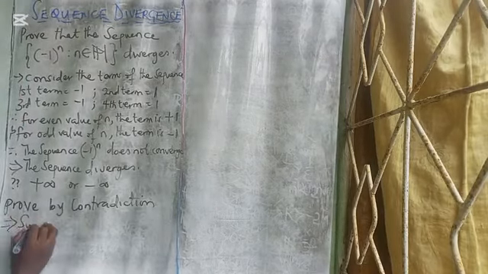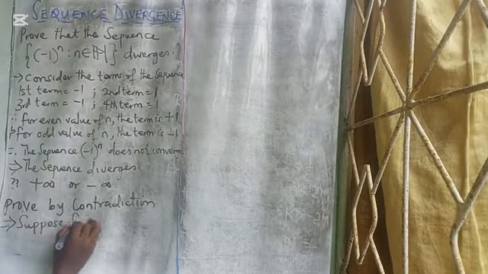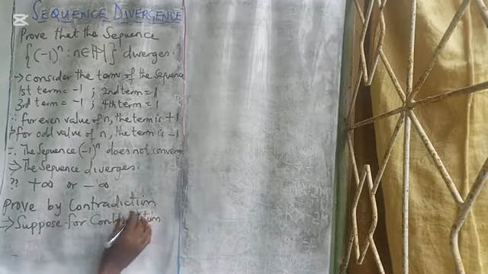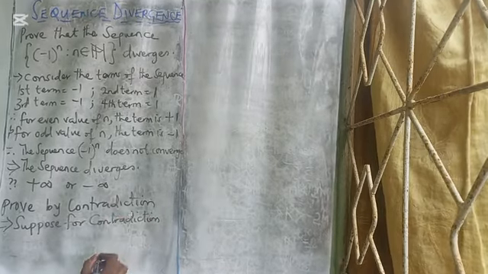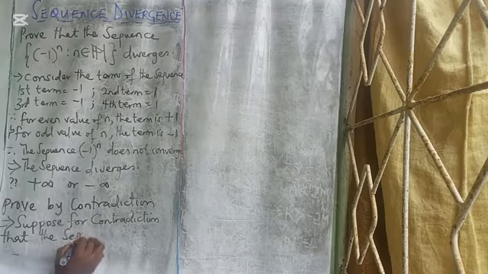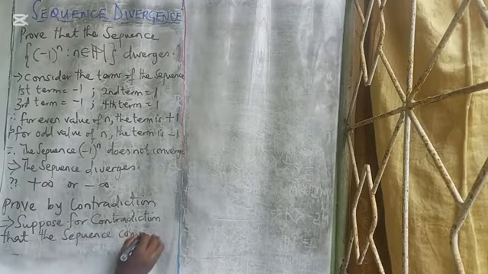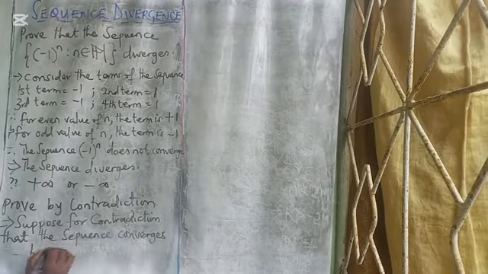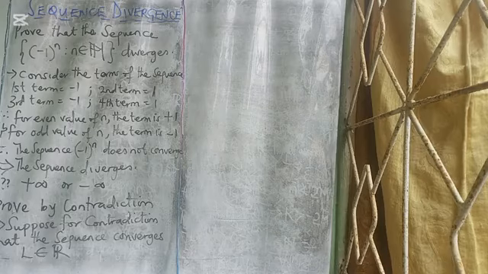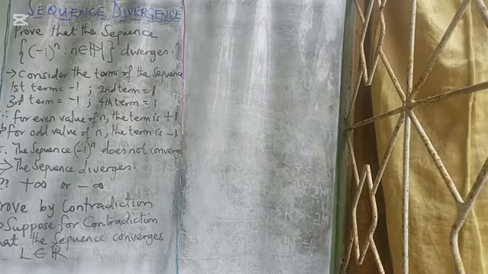Therefore, we will suppose for contradiction that the sequence converges to L belonging to the set of real numbers. We want to assume that the sequence converges to L.